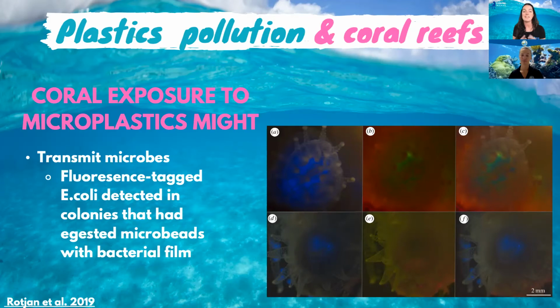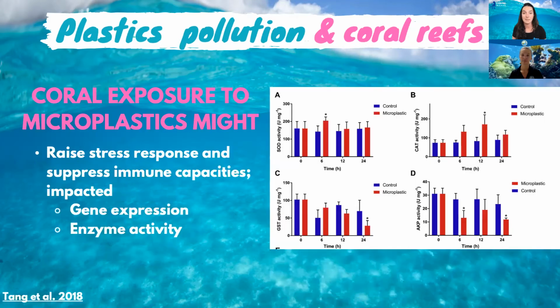In the bottom, that's the control where they weren't fed the tagged bacteria, and you don't see it fluorescing there. This is really important because a lot of studies are showing that corals eat microplastics but then spit them out, so maybe it's not that big of a deal. But now we know that they could be retaining the toxins that might be on these microplastic particles.